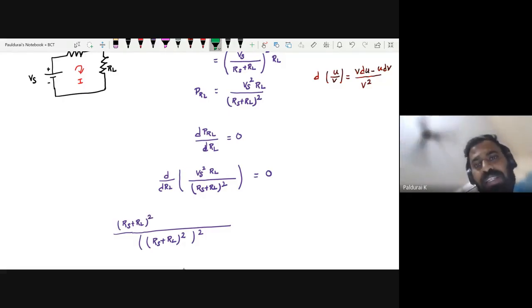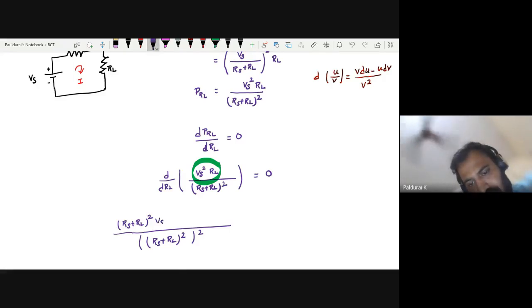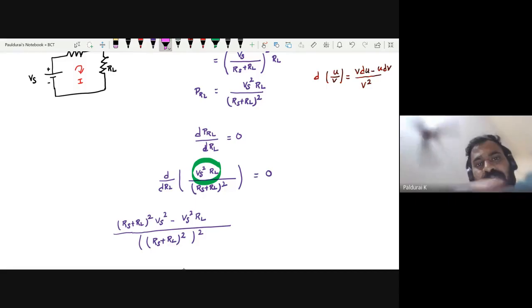What is the differentiation of Vs squared RL with respect to RL? It is Vs squared, minus the numerator kept as it is, times the differentiation of (Rs plus RL) squared with respect to RL.